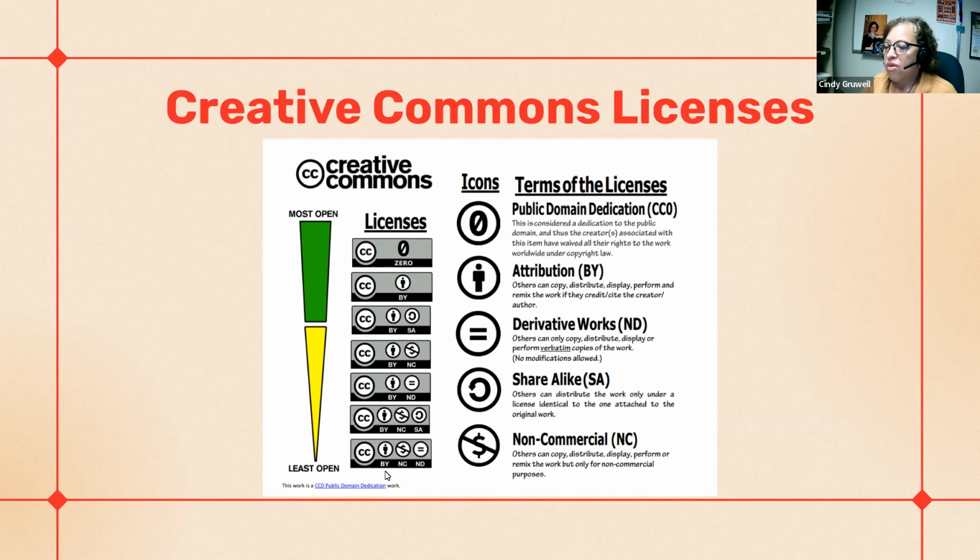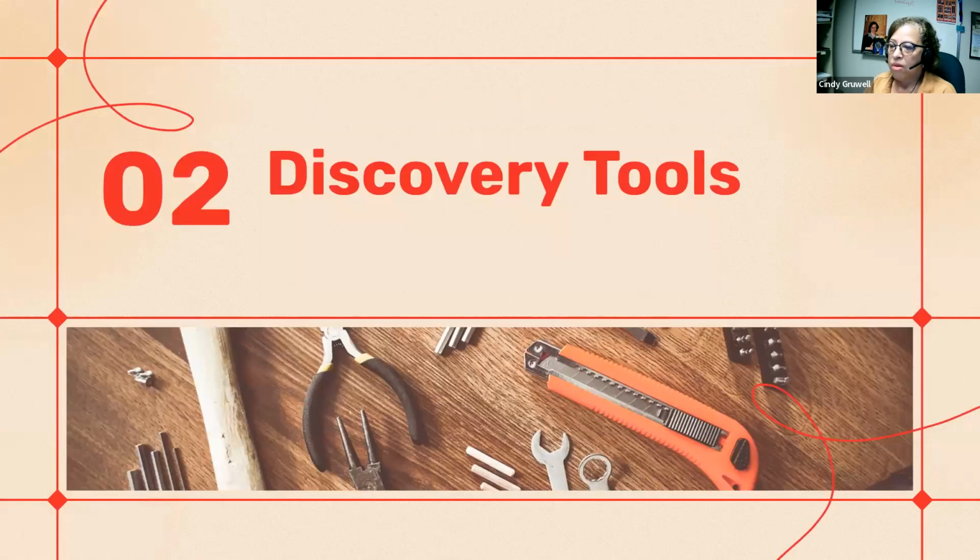The most restrictive, I should say, is a CC BY NC, which means it cannot be used for commercial purposes, and ND, no derivatives. You can never change any of that content at all. These will vary in how you see them. Most journals, I believe, are CC BY or CC BY share alike. And if you ever want to learn more about Creative Commons and their licenses, we can meet and discuss that.